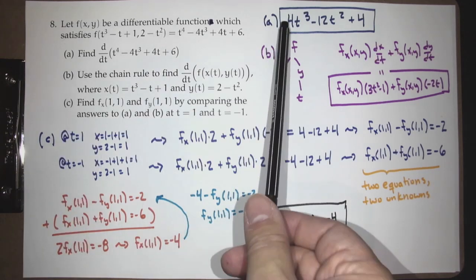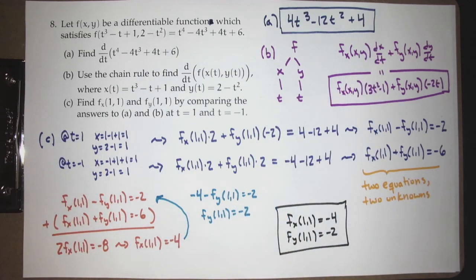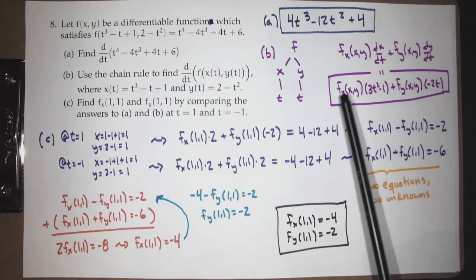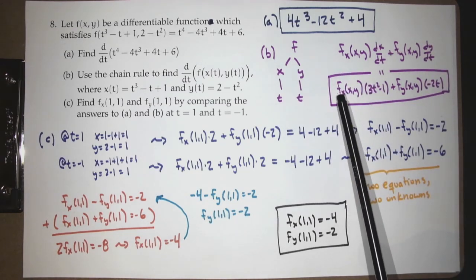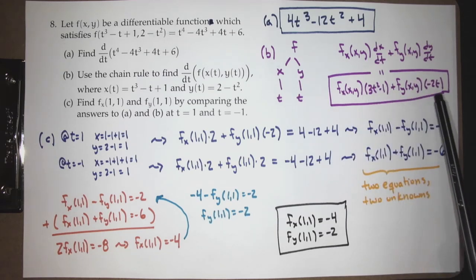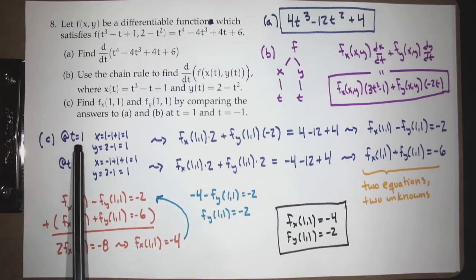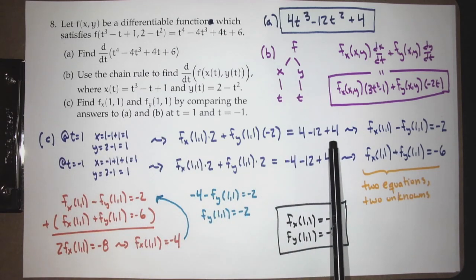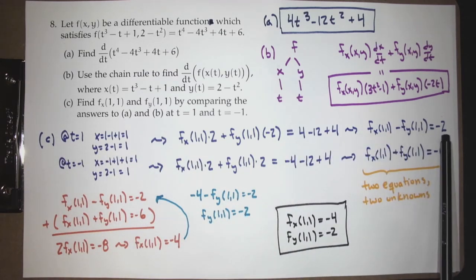Part A, no surprises. You just take the derivative. Part B, you set up your tree. You find the chain rule, and you say, all right, well, I have f sub x times 3t squared minus 1, f sub y times minus 2t. And now you plug in t equals 1, and you get a relationship for fx(1,1) and fy(1,1).